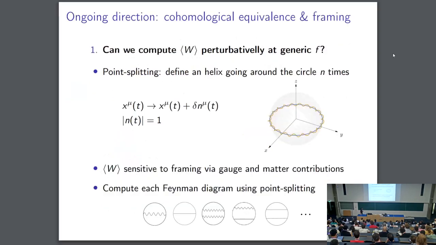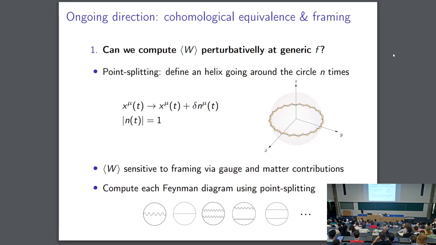So the first question is, can we compute this VEV perturbatively at generic framing? And this is what we are trying to do. We are using what we call point splitting. So we define a helix going around the circle n times.